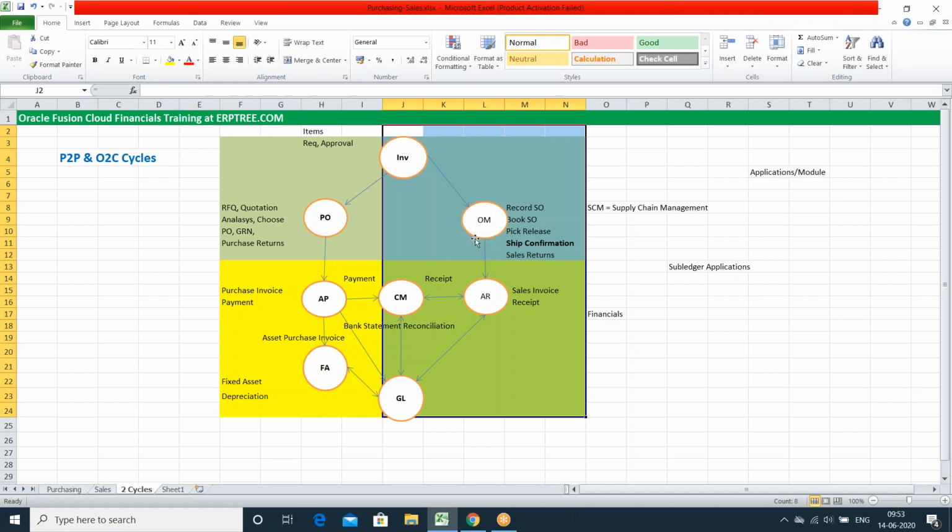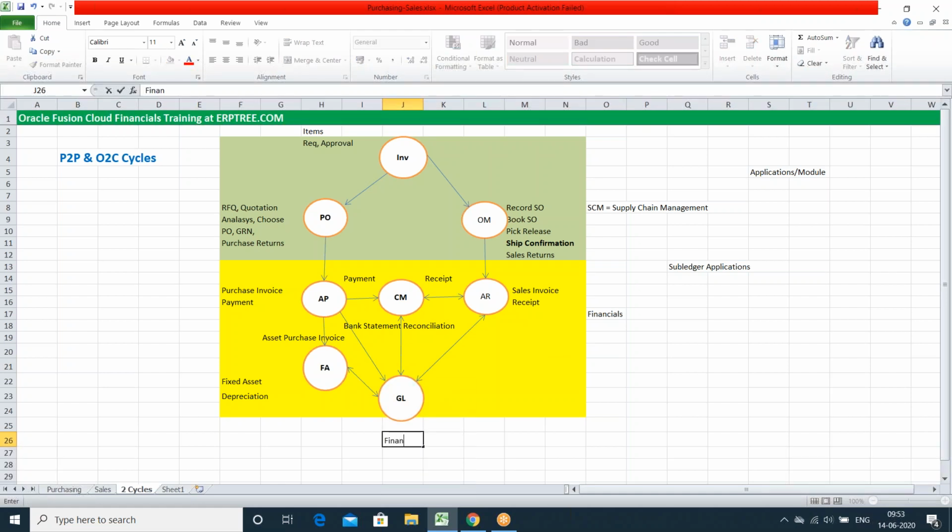Order management will pass the ship confirmed information to the accounts receivable application or department. Based on that, we create the sales invoice in AR and create the receipt. AR will share receipt information with cash management for bank statement reconciliation. Finally, all the information will be shared with the GL to prepare the financial reports from all the departments, all the applications.